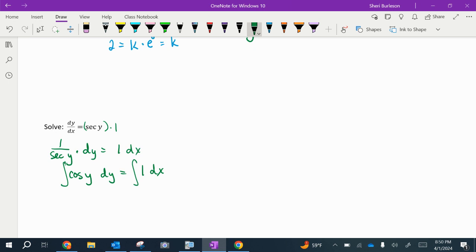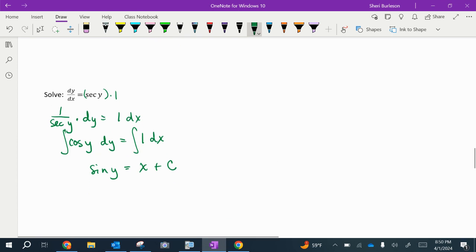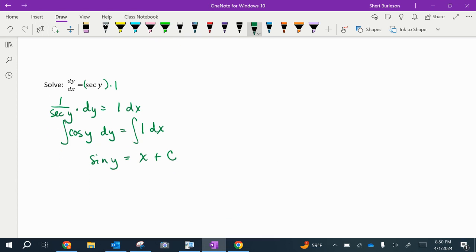The integral of cosine of y dy is sine y, and the integral of 1 dx is x plus c. And since I did the integration in the same step, I only need one constant of integration. So now I need to solve this for y. So y is going to equal the inverse sine of x plus c.